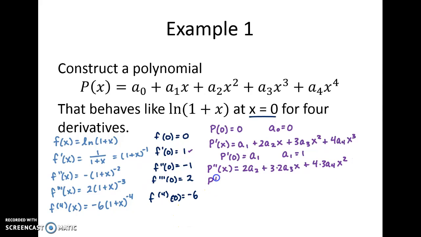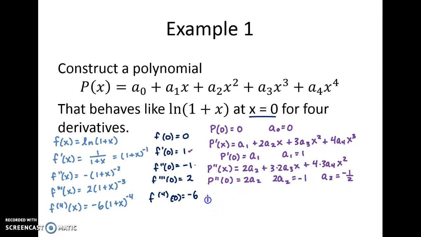So the second derivative of our polynomial at 0 would be just the constant term, 2 a sub 2, which means that 2 a sub 2 is going to equal negative 1. So a sub 2 is going to be negative 1/2.